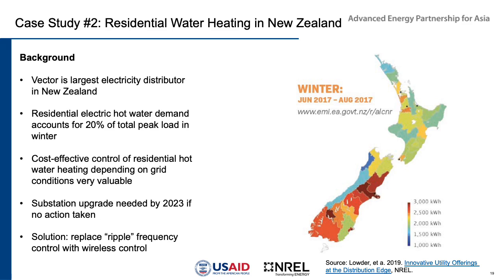And the utility was able to see a peak load reduction of about 40% on certain evenings in the wintertime. And most importantly, there were no customer complaints in the way that the utility managed the turning on and turning off of the hot water heaters.